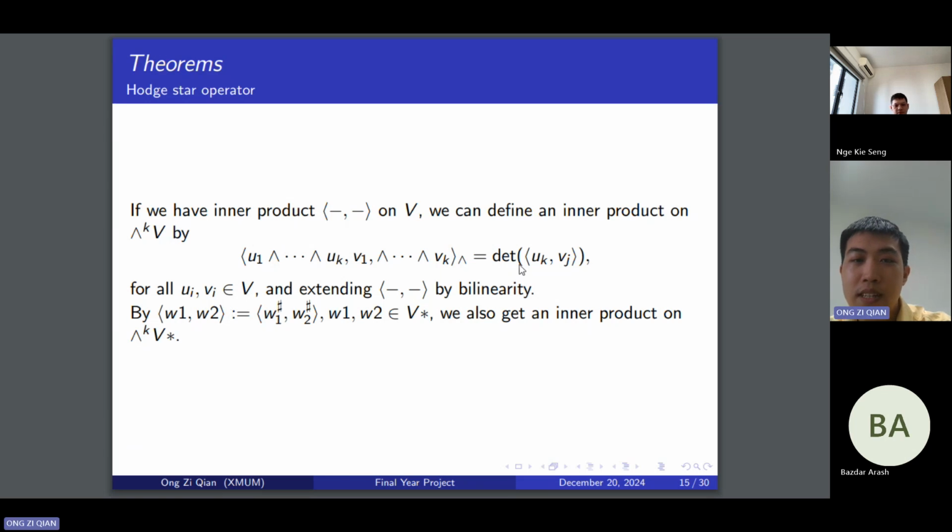By defining u1 wedge until uk and v1 wedge until vk, the inner product on the wedge is the determinant of the inner products, picking any i and j to do the inner product. This inner product can extend to the whole lambda k V by the bilinearity of the inner product.